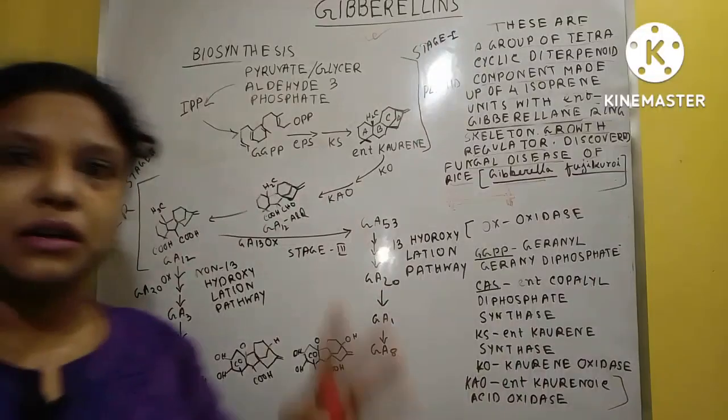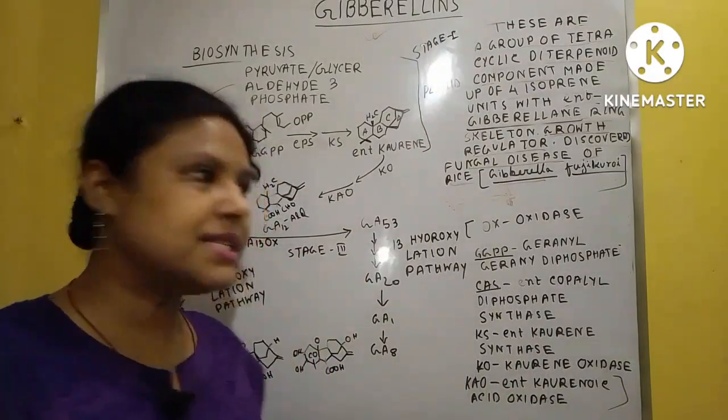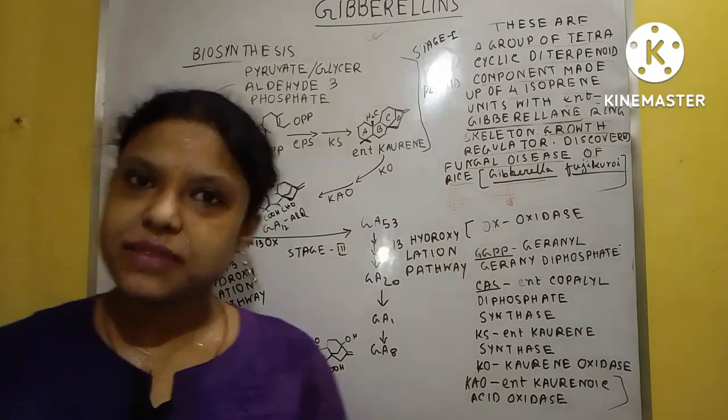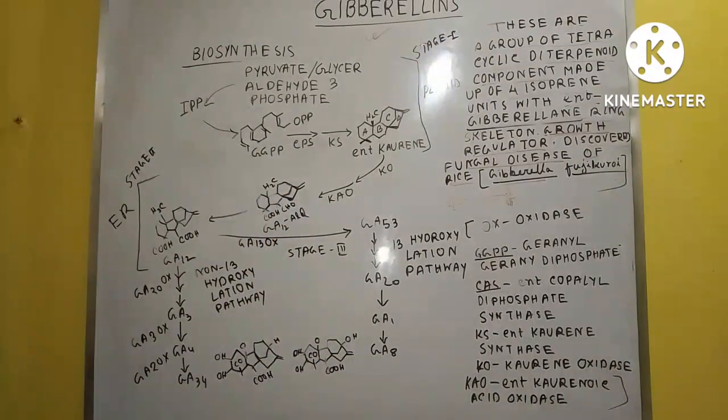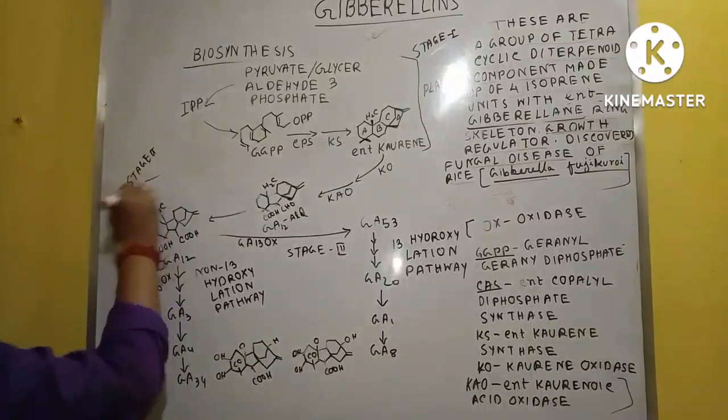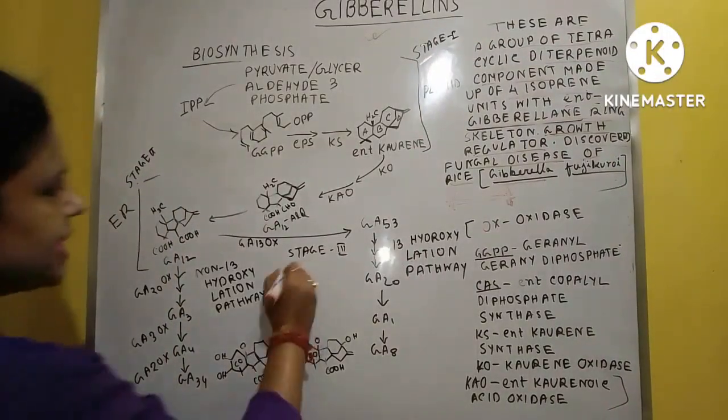First I discuss its biosynthesis, or how it is synthesized in the plant's body, and after that I will discuss elaborately the function of gibberellin. Here is the biosynthesis, and you can see stage 1, stage 2 and stage 3.